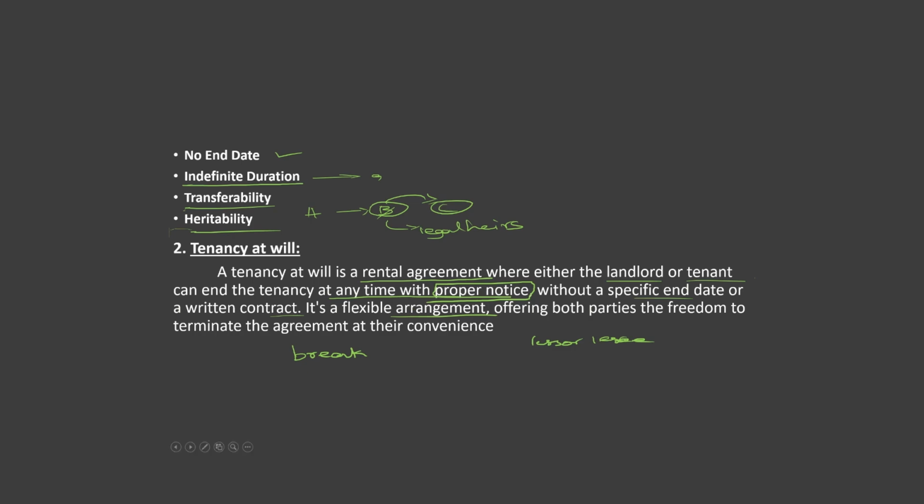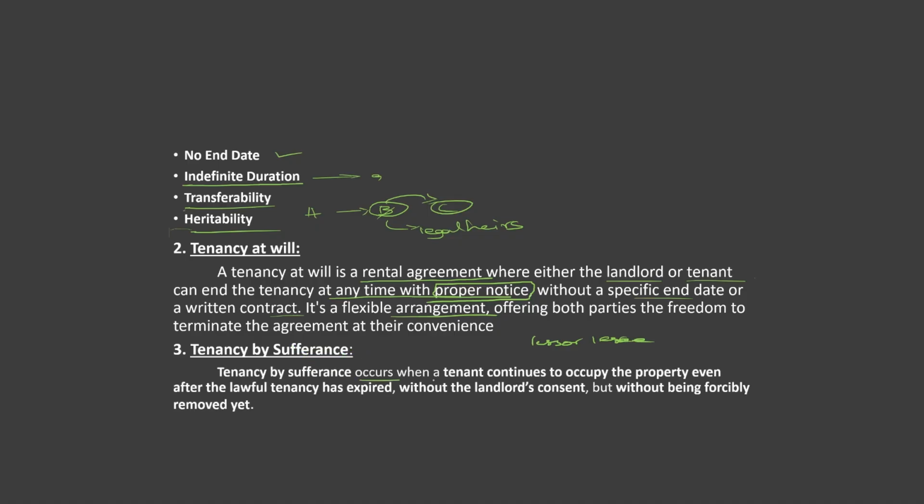And the next type of lease is tenancy by sufferance. Tenancy by sufferance occurs when a tenant continues to occupy the property even after the lawful tenancy has expired without the landlord's consent, but without being forcibly removed yet.